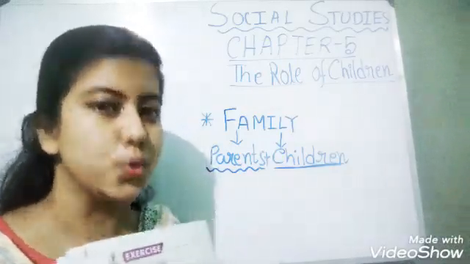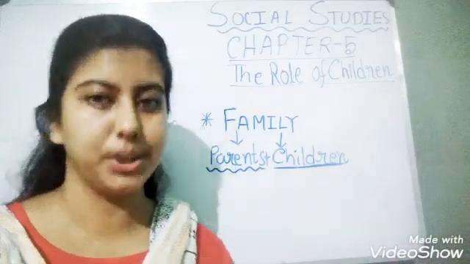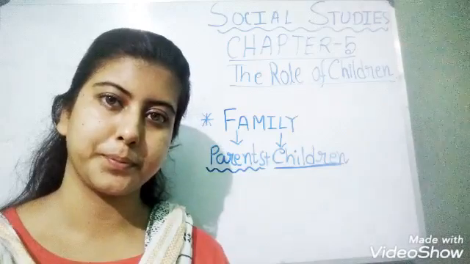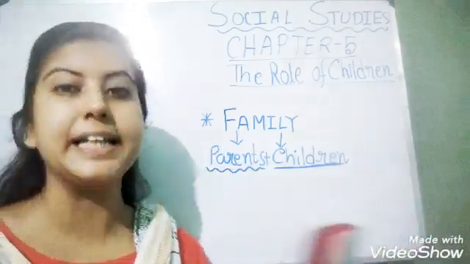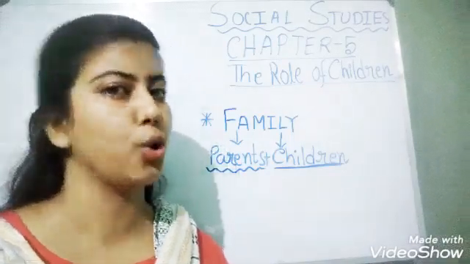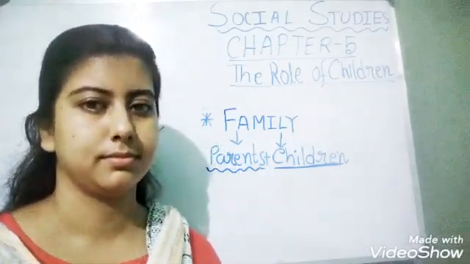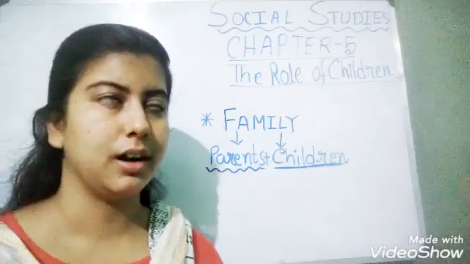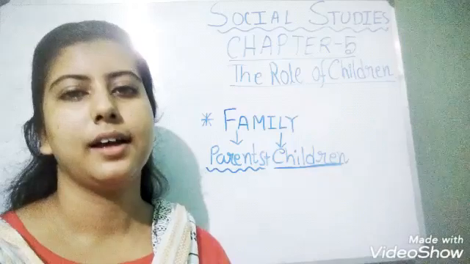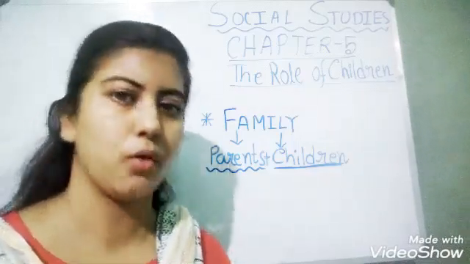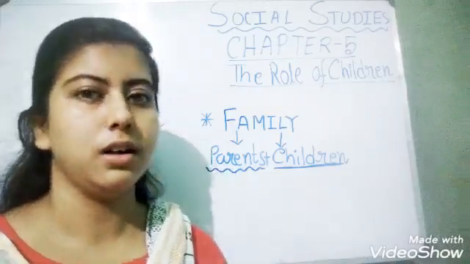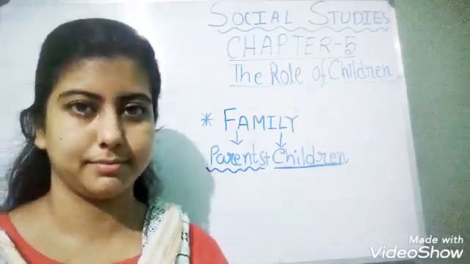We have read about their duties in the last chapter. We need to help our parents at home. I mentioned earlier that we should obey and help our parents. This is our main duty.